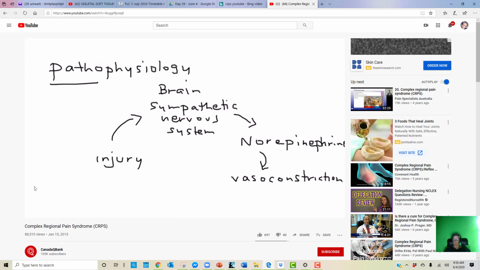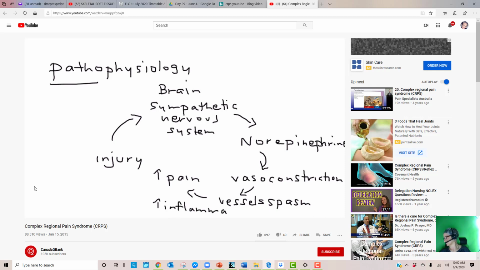That vasoconstriction actually leads to vessel spasm. The vessels start to spasm, and that leads to pain. And in addition to leading to pain, it can also lead to inflammation.